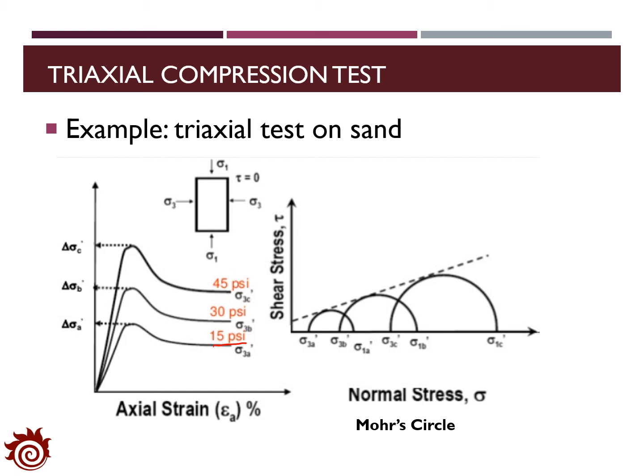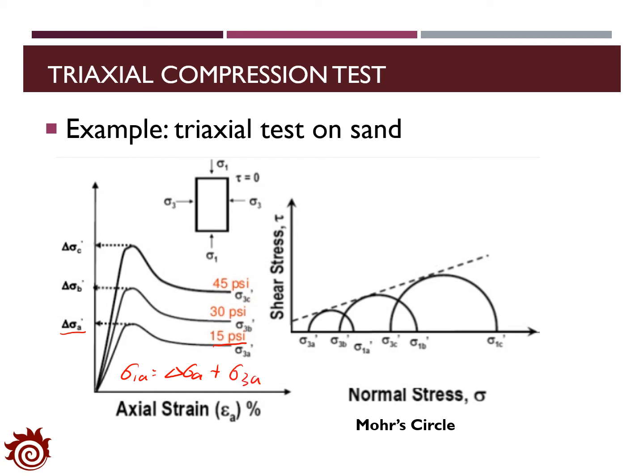In the curve, we can find the maximum axial stress as delta sigma A. Then we can calculate the major principal stress, sigma 1A, as delta sigma A plus sigma 3A.